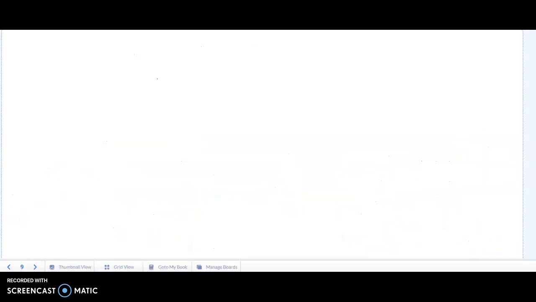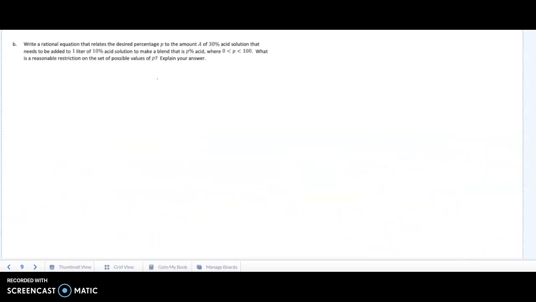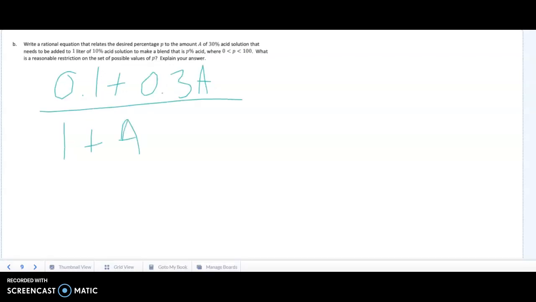Okay. Page 9 says write a rational equation that relates the desired percent. So this is just the same thing. We're just creating general information about the 30% solution and the 10% solution to get us any percent of solution we need. So we would have 0.1 plus 0.3A over 1 plus A, the amount of the 30% solution, is equal to P over 100.